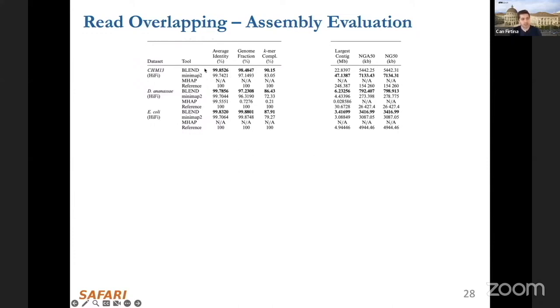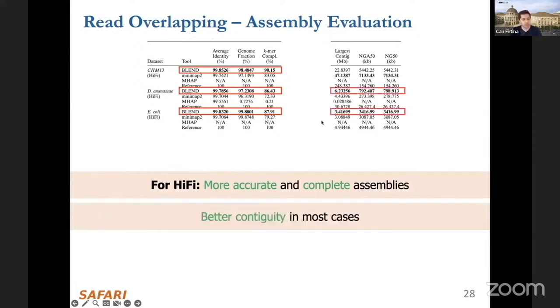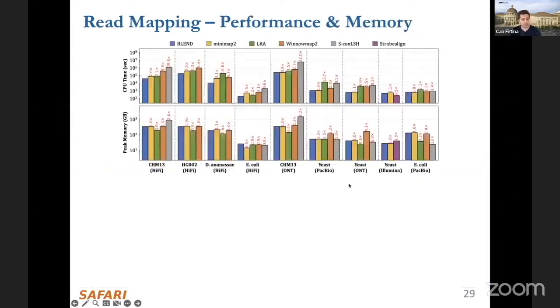Here we have the average identity, genome fraction, and k-mer completeness, and also on the right side, the largest contig, NGA and NG50 results. Looking at the hi-fi data, we see that Blend generates more accurate and complete assemblies by looking at these particular values, and it also usually leads to better contiguity in most cases. Fuzzy seed matches can lead to finding novel and useful overlaps.